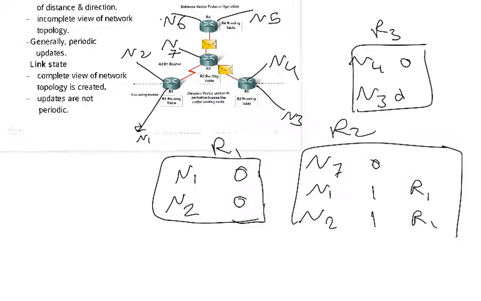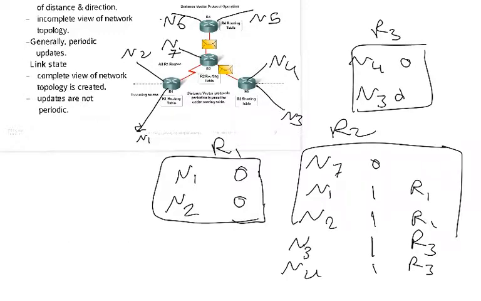When router 2 receives the message from router 3, it will update its routing table: N3 with distance 1 through R3, and N4 with distance 1 through R3. This is how it happens.